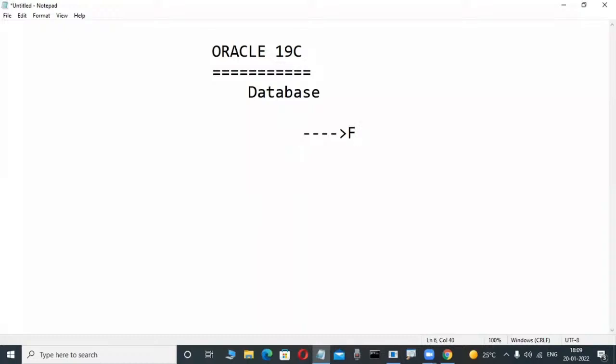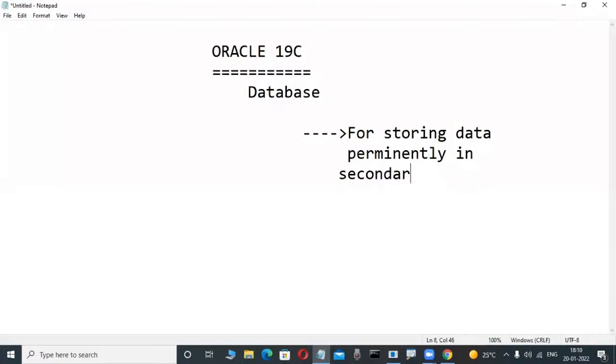For storing data permanently in secondary storage devices. Secondary storage devices means maybe a hard disk.